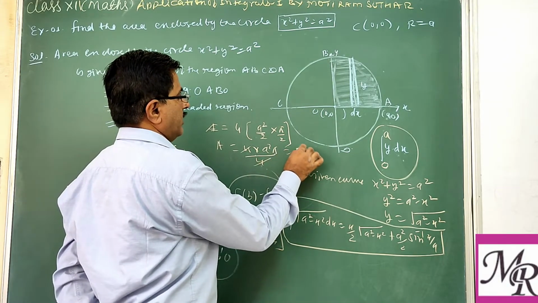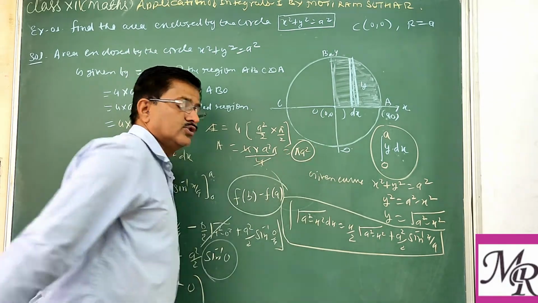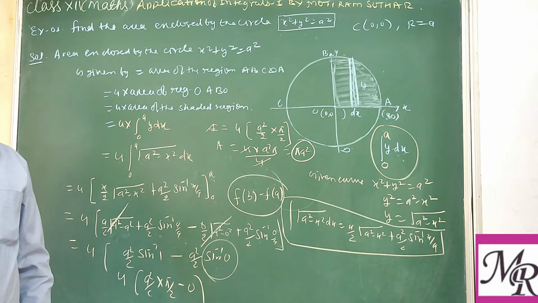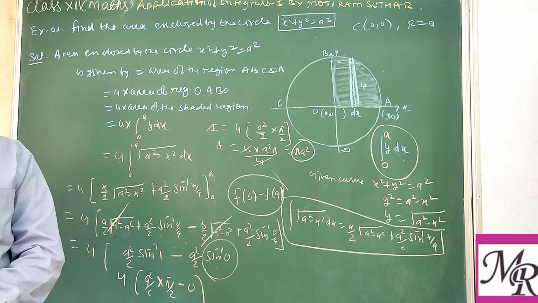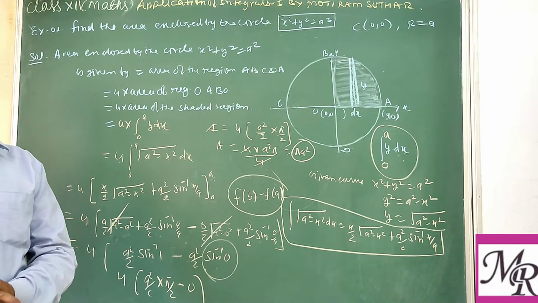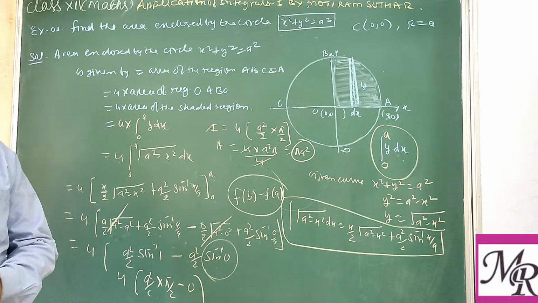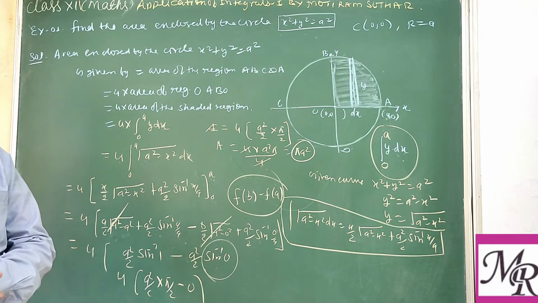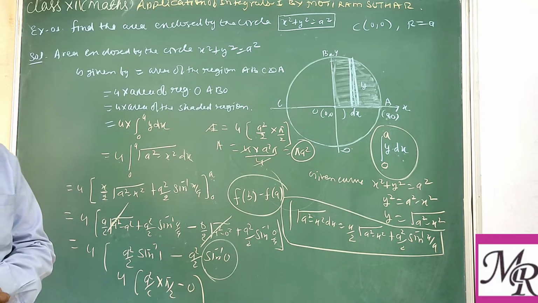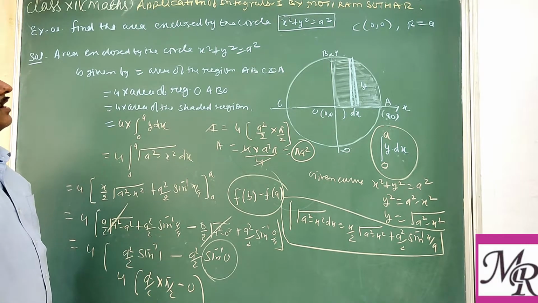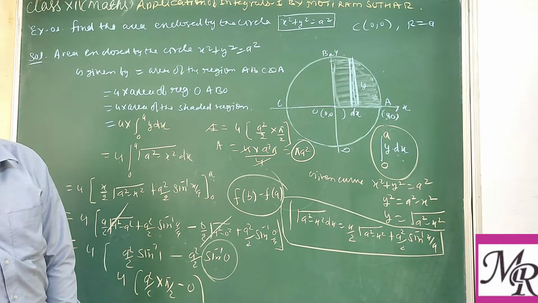So we get pi a square. So this is the required area of the curve enclosed between the coordinate axes, or you can simply say the area enclosed by the circle x square plus y square equal to a square, which we find with the help of integrals.